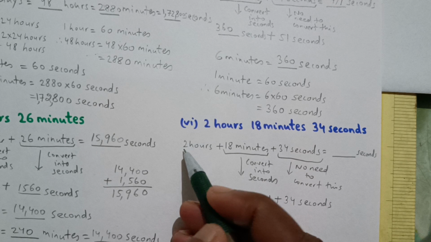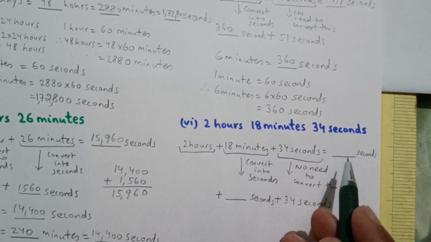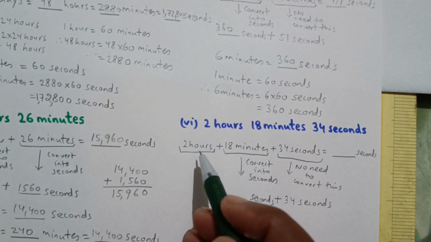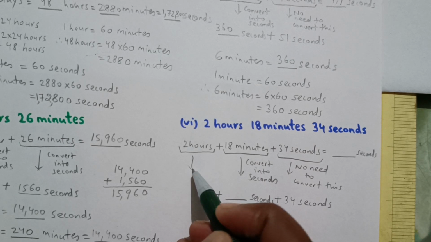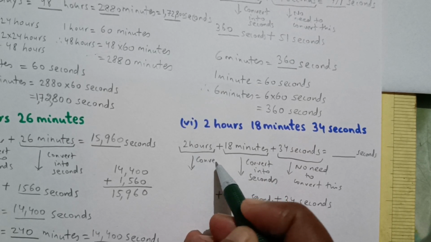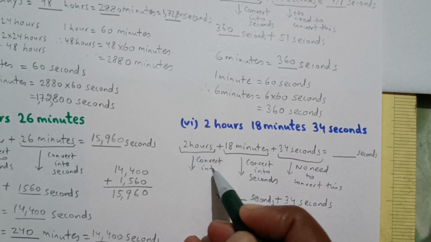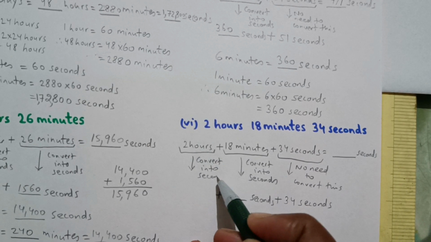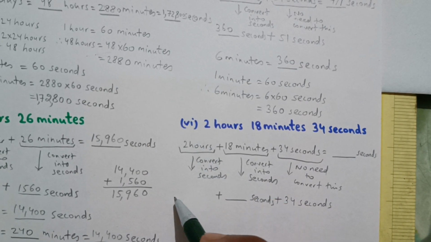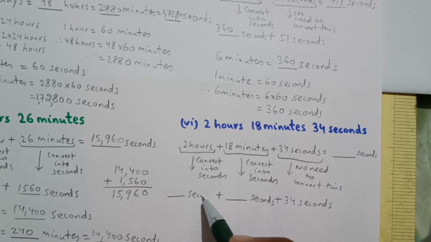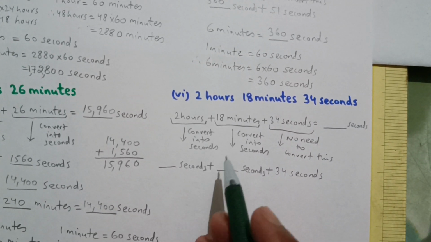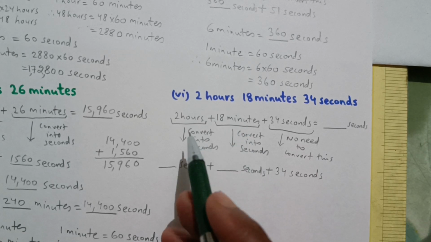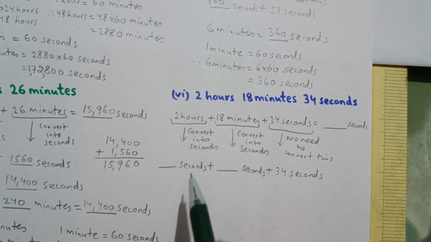Then look at this, 2 hours. Our answer has to be in seconds, so we have to convert this 2 hours into seconds. So 2 hours is how many seconds? So we have to convert 18 minutes into seconds and also convert 2 hours into seconds.